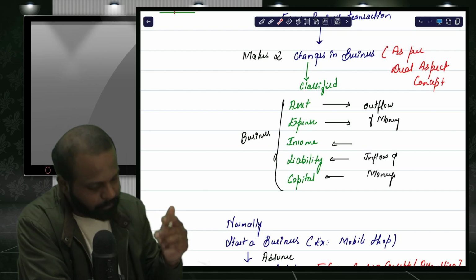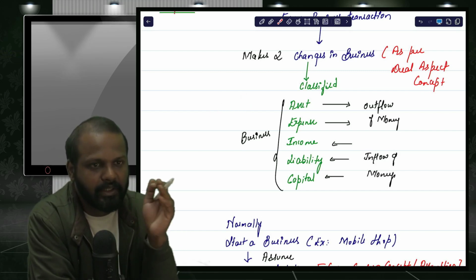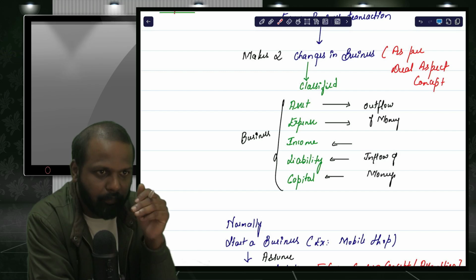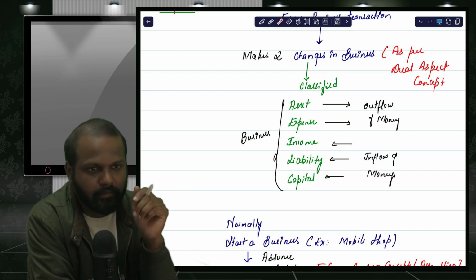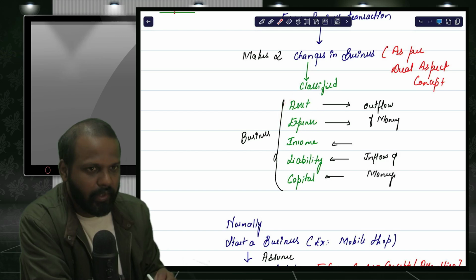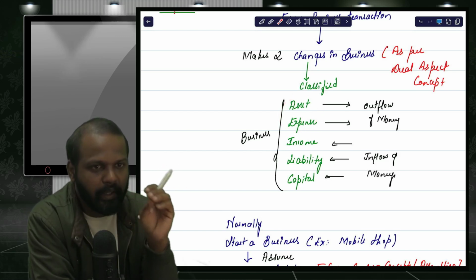Whenever you pay any expenses, for example, salary paid, rent paid, electric charges paid, there also there is an outflow of money from the business. So in both these cases, one thing is common: outflow of money. You buy an asset or you pay expenses, there is an outflow of money.